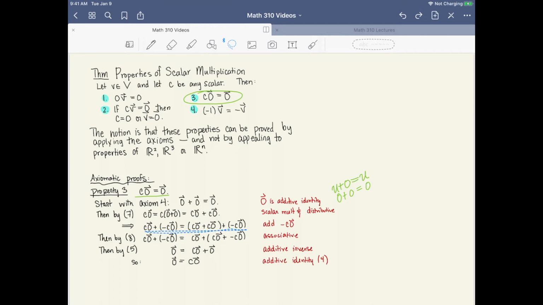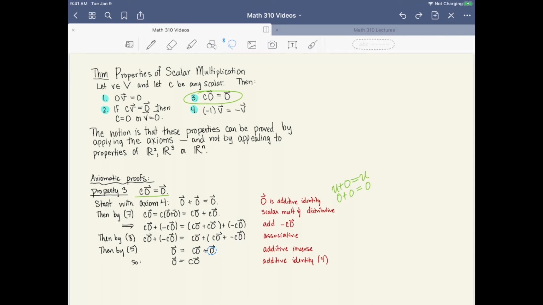Next up is another axiom. We're going to apply the associative axiom to the right-hand side in order to rearrange the parentheses. That leaves us with c times the 0 vector plus minus c times the 0 vector is equal to this expression. Then we're going to apply axiom 5. Axiom 5 tells us that every vector has an additive inverse, and when you add them together, you get the 0 vector, which means that this can be written as the 0 vector.